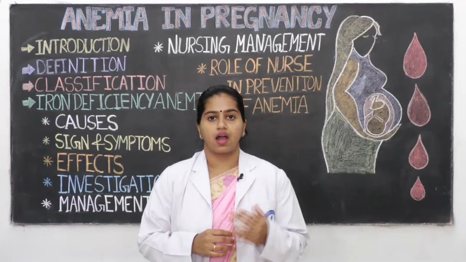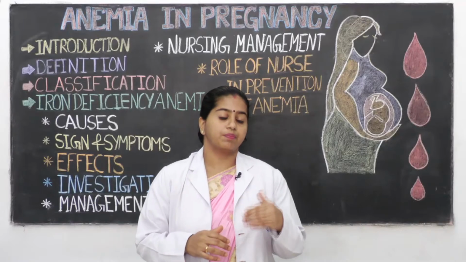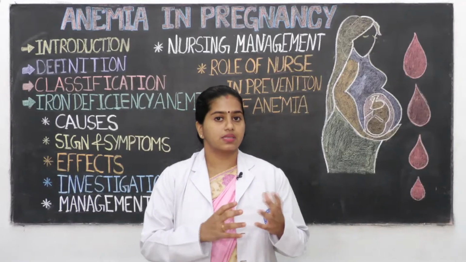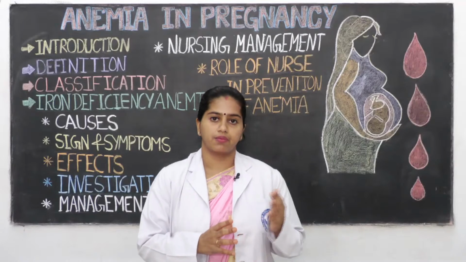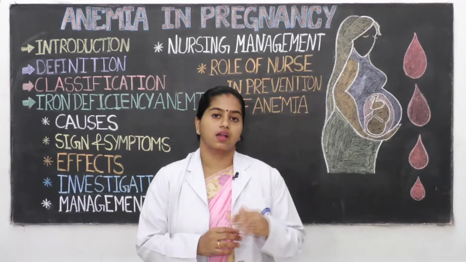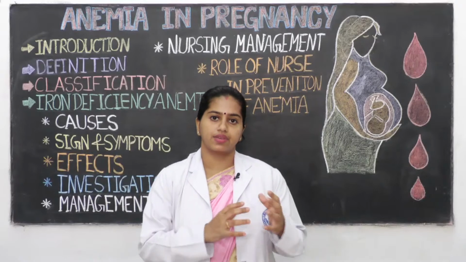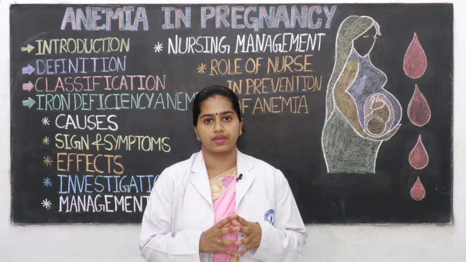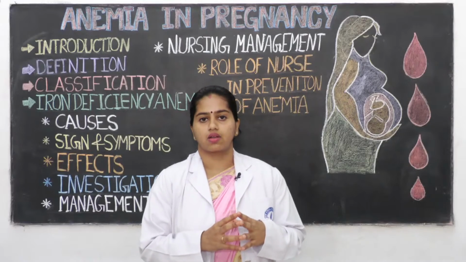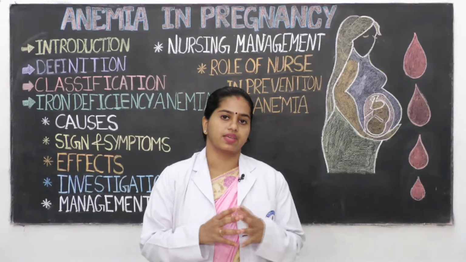We can ask that from the history collection. And pre-pregnant health status: whether the woman had any anemic status, how the menstrual flow is, whether she has heavy menstrual flow, so that we can identify how much blood is lost in each cycle, or how much iron is lost.